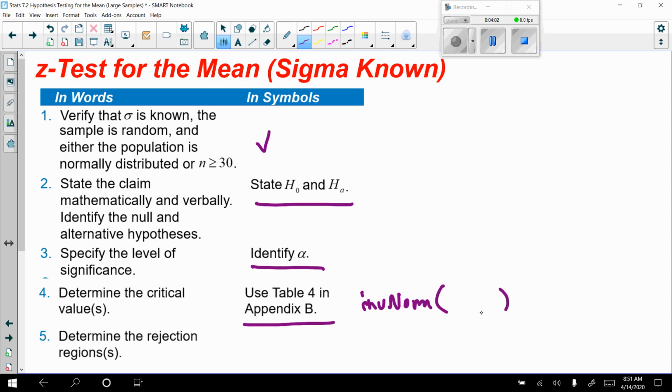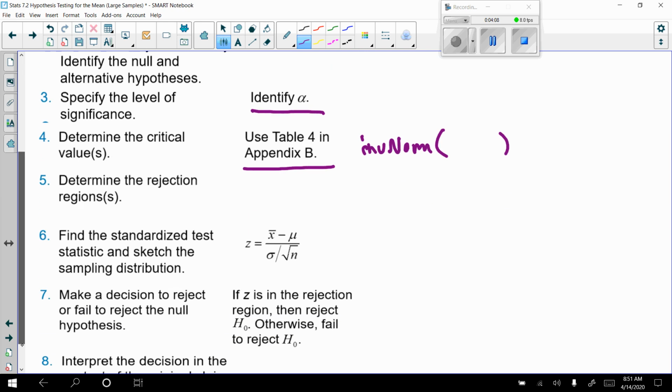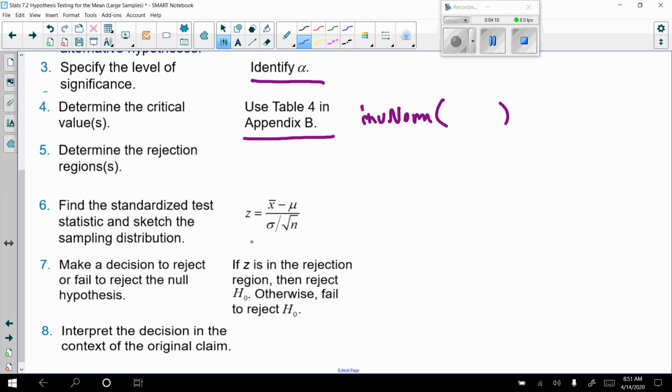You can use the tables or inverse norm. Find those rejection regions. Find the z-score that you're going to compare to those rejection regions, and then decide to reject or fail to reject based on whether that z-score is within the rejection region.